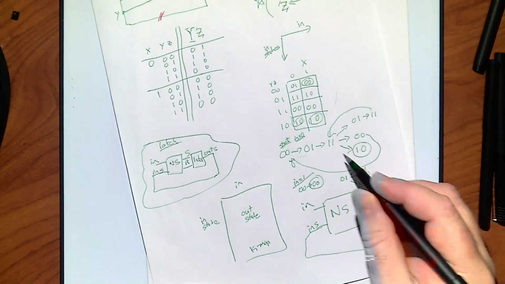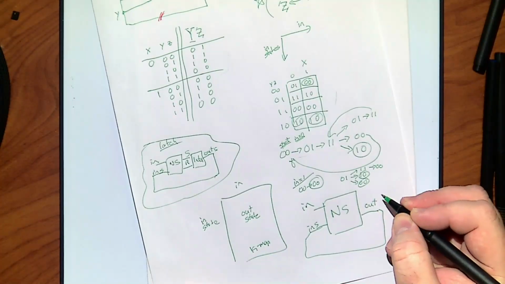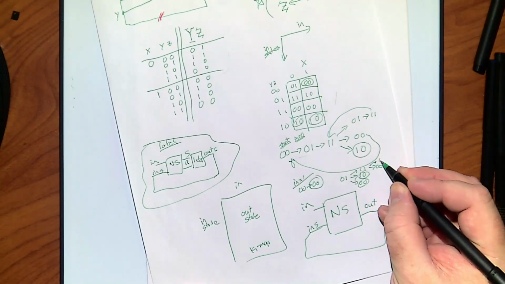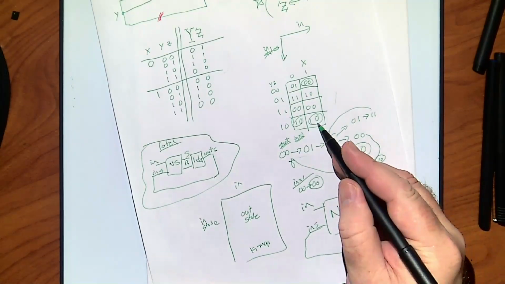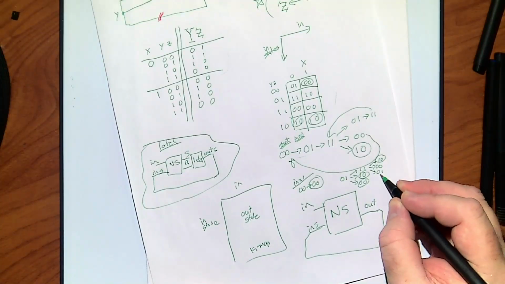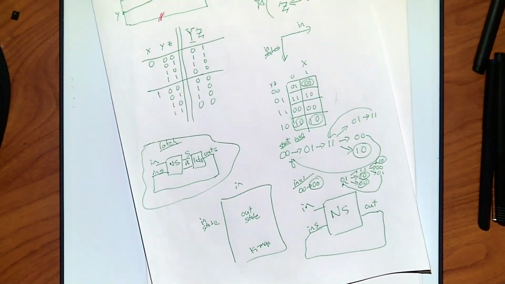If it goes to 1, 1, it's going to try to go to 0, 0, but that is another race. So it could go to 1, 0, at which point it would stop, or it could go to 0, 1, and I go back to the beginning and repeat this. So I've got a critical race because different outputs can happen here.